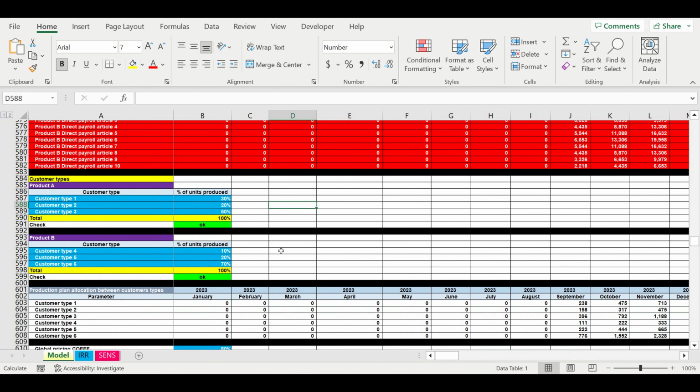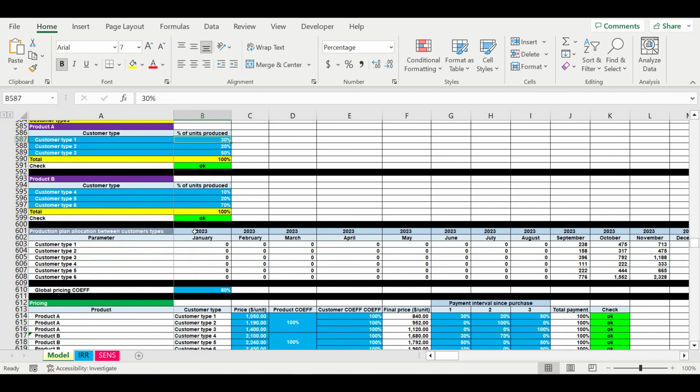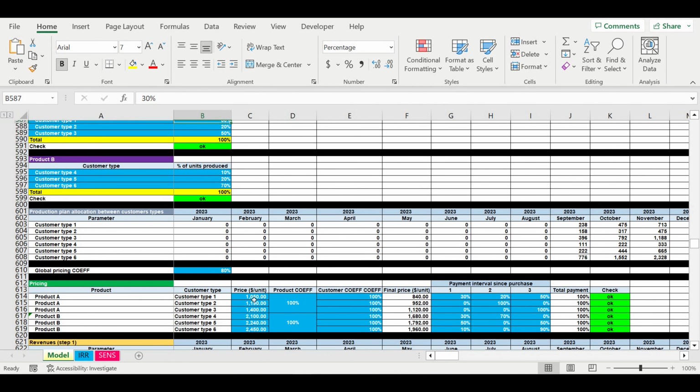We are moving to pricing, and here we can specify different types of customers and allocate all the units produced between these types of customers. Each type of customer will have its own pricing and its own payment algorithm.